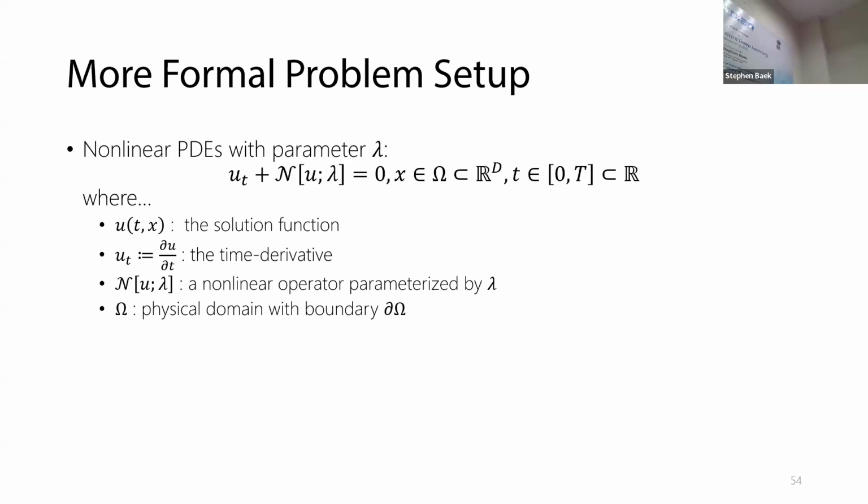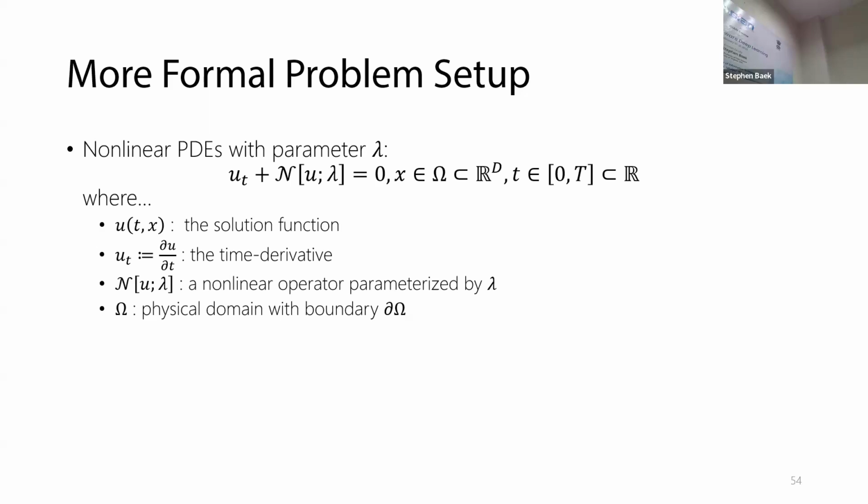From now on, we're going to be using subscript notation for the sake of brevity. So u_t, in the PDE literature, denotes partial u partial t, the time derivative of the solution function u, as a shorthand. Like I mentioned, N is a nonlinear operator parameterized by some physical parameter lambda.